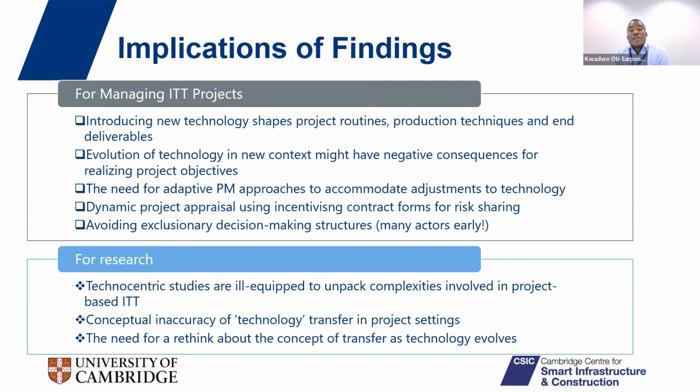In terms of the management of international technology transfer projects, there is the need to think of a more adaptive way of managing such projects by turning away from rigid project management principles that support more vertical structures for project delivery, and also taking a turn to embracing a less exclusionary approach to decision making in order to get many actors involved as soon as possible.